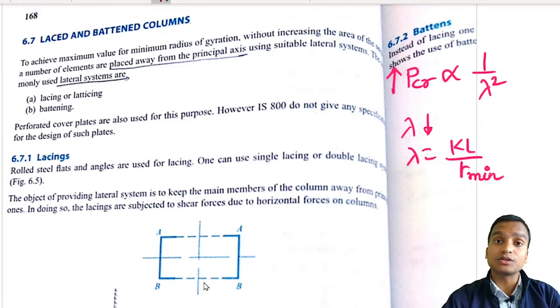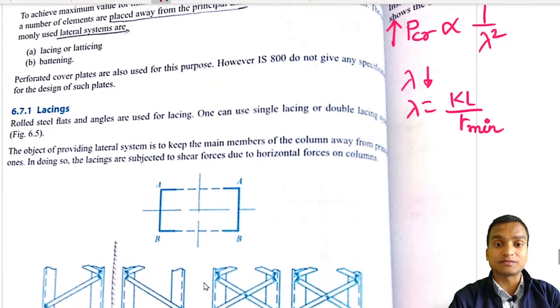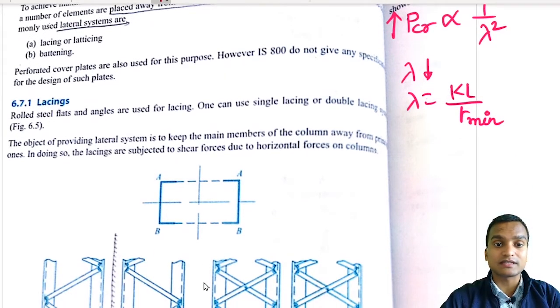So now we are going to make a column in which we make our minor axis a major axis. Just like if this is my built up column, you are seeing this section here, this is the channel kept here, and both these channels are connected with dotted members like this, and this is a lacing system.